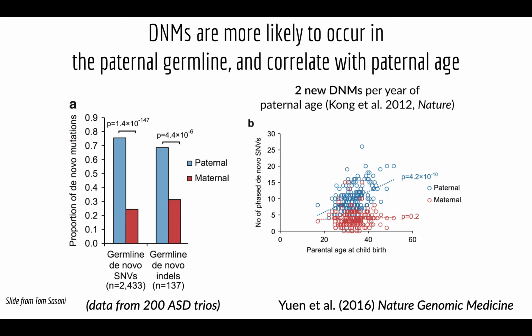And that result, when it first came out a couple years ago, was a bit surprising, because the working hypothesis for the increase in dad's lineage was because of continued cell division, but all the eggs that a mother has are made while she's developing in her own mother's womb. So there's not this continuous cell division. So that supports the hypothesis that exogenous DNA damage is actually a contributor as well to germline mutation, because it does increase in the maternal lineage, and as mothers get older, they're probably subject to more and more exogenous mutagens.